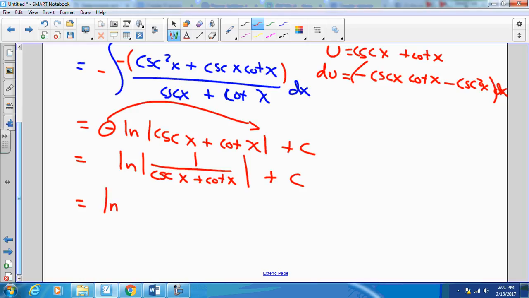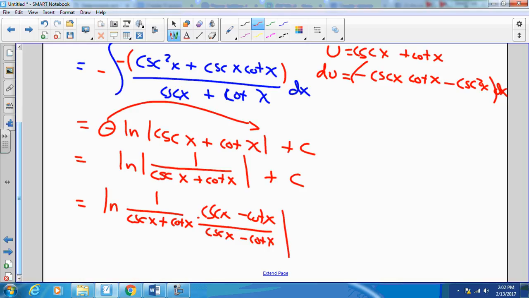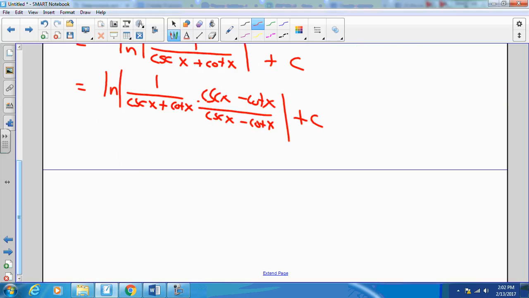Now, we can rationalize by multiplying top and bottom by cosecant minus cotangent. And when we do, in the denominator, something wonderful happens.